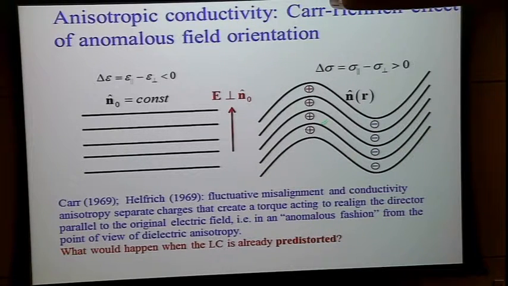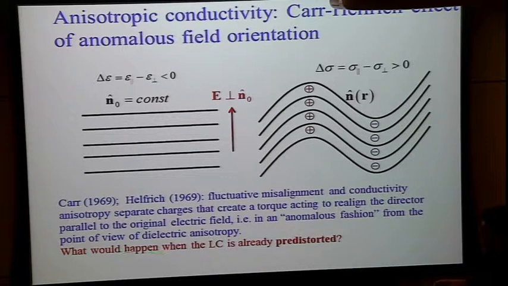But then it creates an additional electric field in the horizontal direction, and that electric field might be enough to sustain the anomalous orientation of the director in the liquid crystal cell. So that was the explanation of the realignment of the director when the initial state of the director is uniform. You start with the uniform director, you apply the electric field, you see something strange, and you explain it by the fact that ionic conductivity is anisotropic.